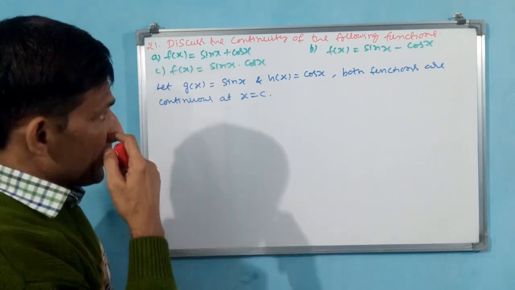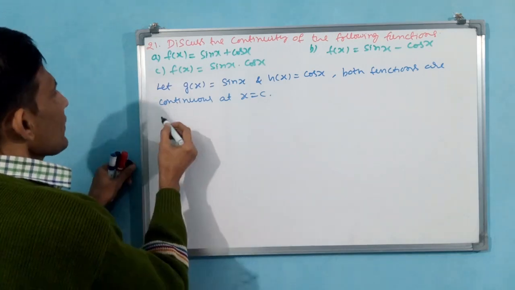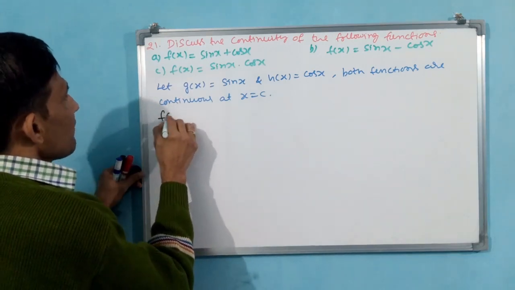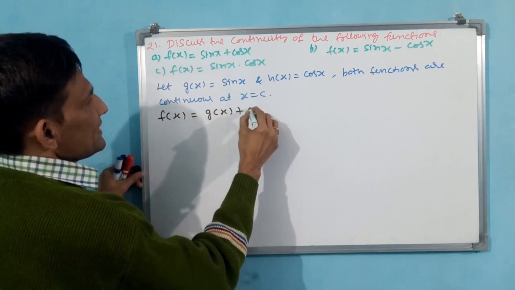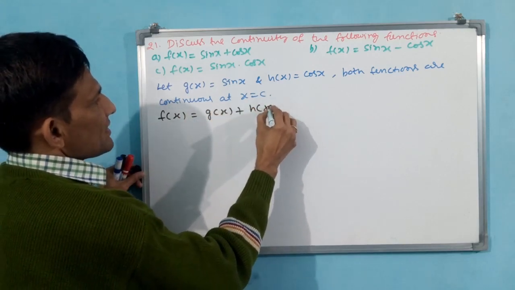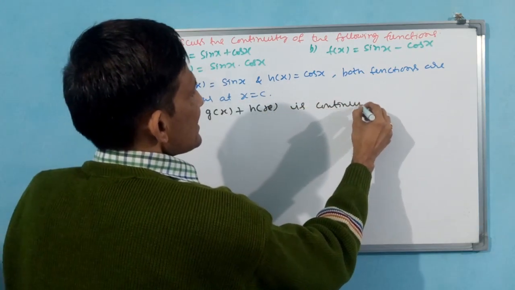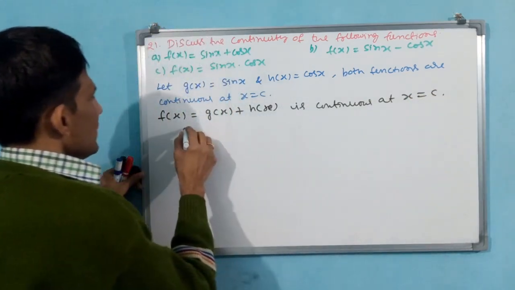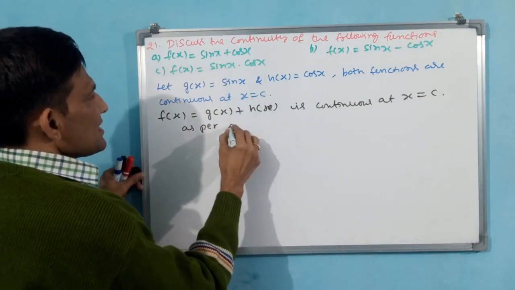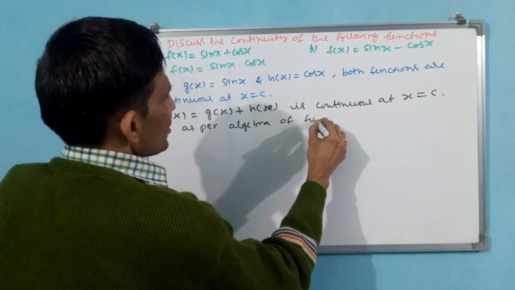Now you write this. What you are going to write? You are going to write like this. f of x is equal to g of x plus h of x is continuous at x is equal to c as per algebra of functions.